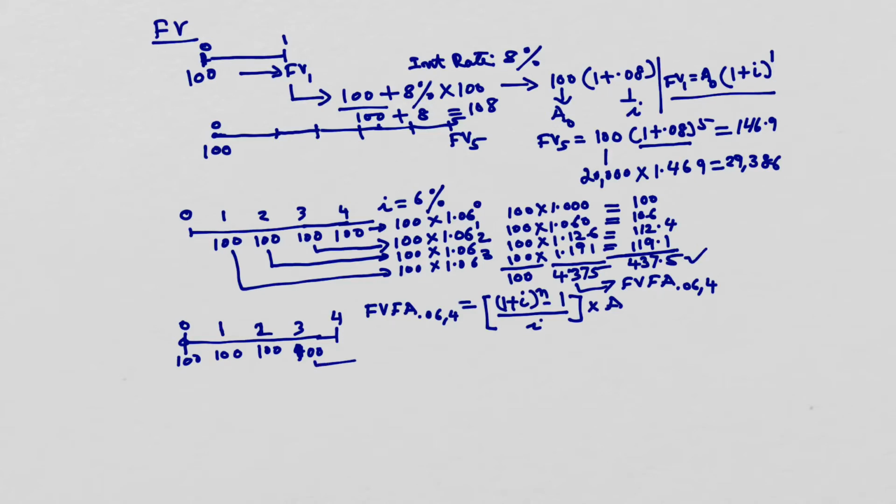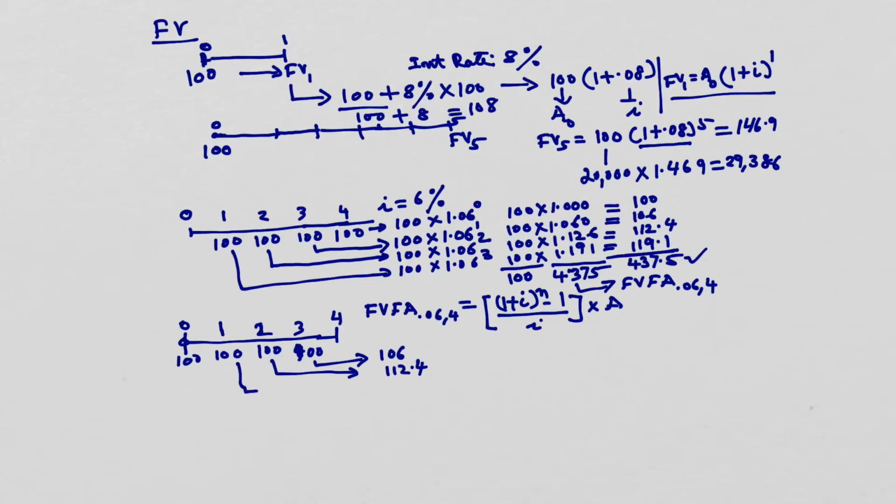So if you do this, this is 1 year because you are waiting for 1 year, and for 1 year we found that this is the amount. So this amount will grow to this one. Now for 2 years the amount grows to 112.4.